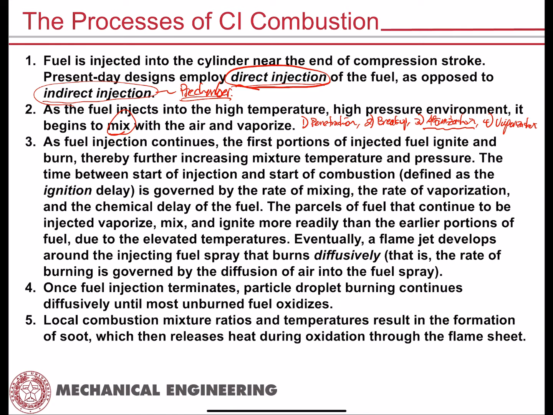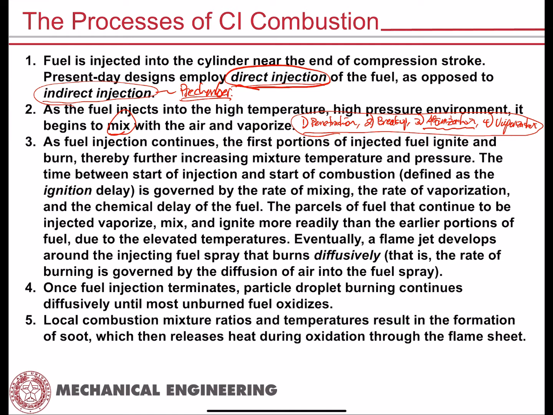And so then once that ignition process takes place, remember, the chemical reaction timescales are much shorter than the physical timescales. So all of that fuel that has undergone those four processes is basically going to ignite and burn just like that. It's going to ignite and burn far faster than the time it took to undergo these four processes, okay? And that's what leads to the premixed spike.